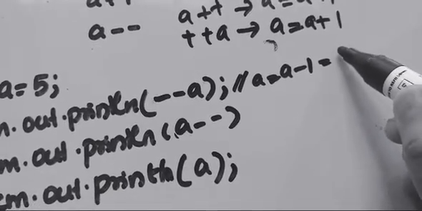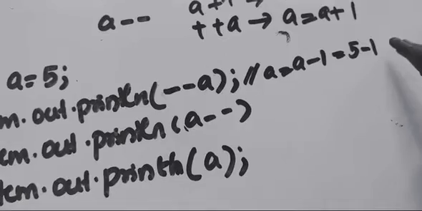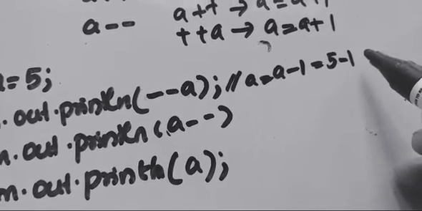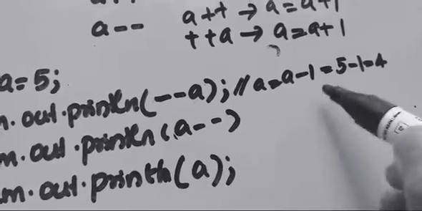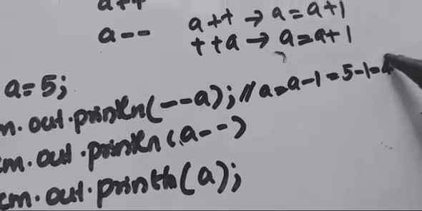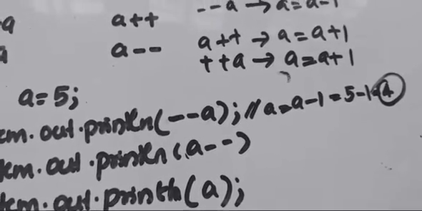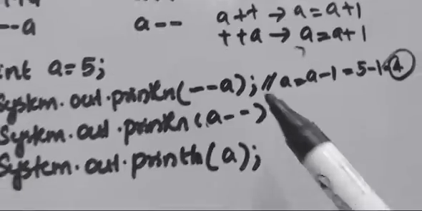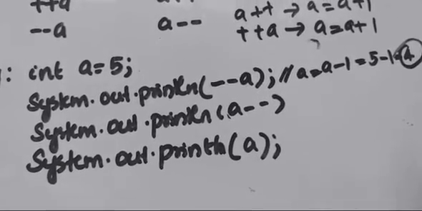First we are going to decrement. What is the initial value of a? 5. 5 minus 1. First we decremented, then we are using. So in the same line we decrement and we use. So what is the new updated value of a? It is 4.